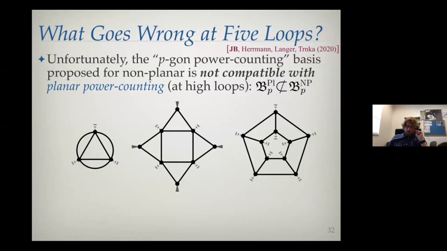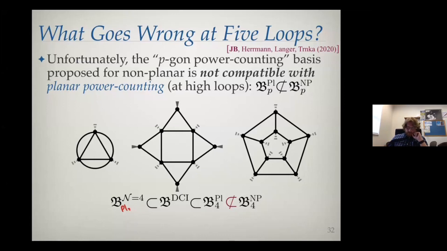So to say it another way, just to make it clear, it's known that planar n equals 4 amplitudes are a subspace of all dual conformal invariant integrands, which is a subspace of planar four-gon power counting. And unfortunately, this is not a subspace of non-planar four-gon power counting.